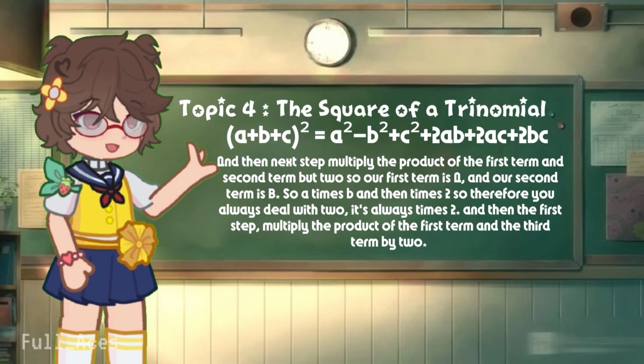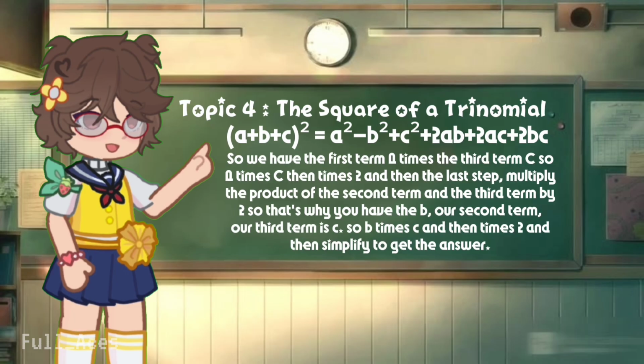And the next step, multiply the product of the first term and second term by 2. Our first term is a and our second term is b, so a times b, and then times 2. You always deal with 2. It's always times 2. And then we multiply the product of the first term and the third term by 2.